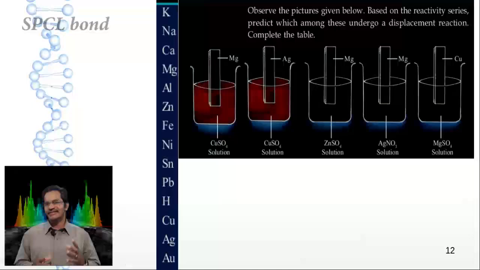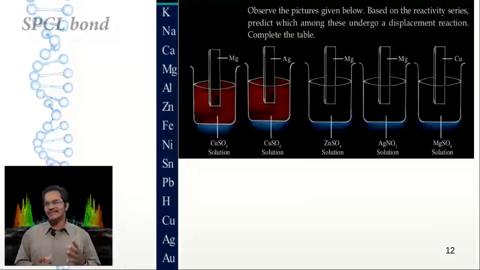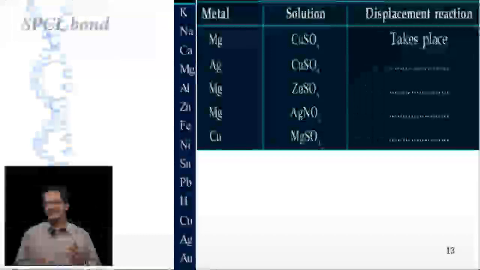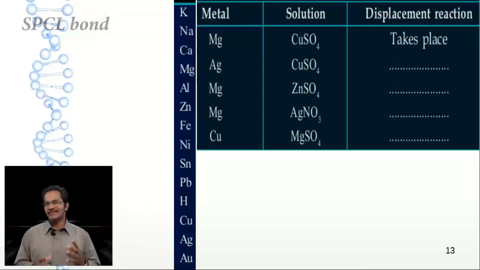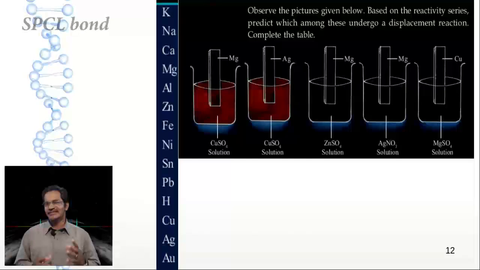No doubt copper is displaced by magnesium because magnesium is highly reactive compared to copper. So the first reaction is a displacement reaction. You fill the table. Then take the second one. Silver is dipped in copper sulfate solution.